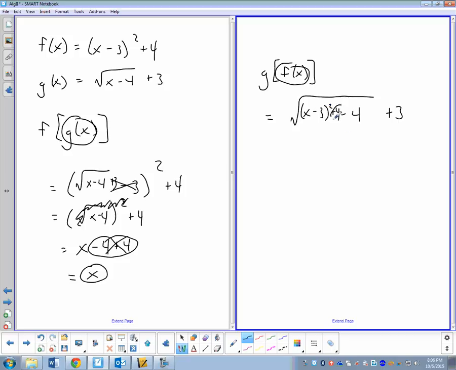So to simplify, this positive 4 and this negative 4 cancel each other out. That leaves me with the square root of (x minus 3) squared, plus 3. Then this squared and this square root cancel each other out, and that leaves me with x minus 3 plus 3. And then my minus 3 and my plus 3 cancel out, and I just end up with x. That's how I know that they're inverses of each other.